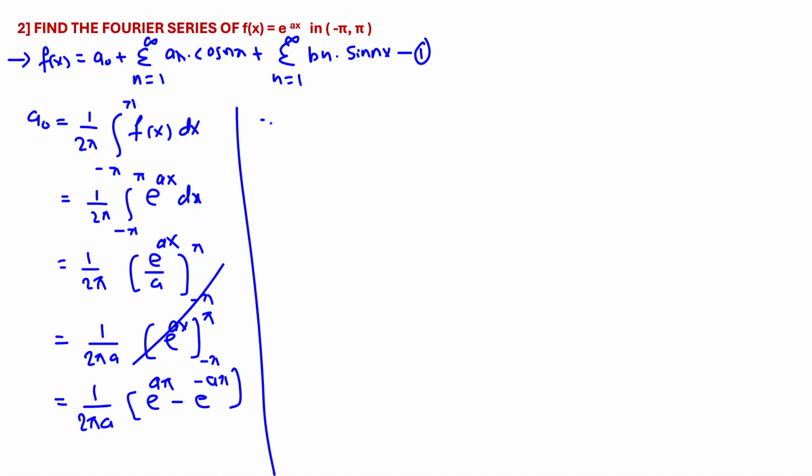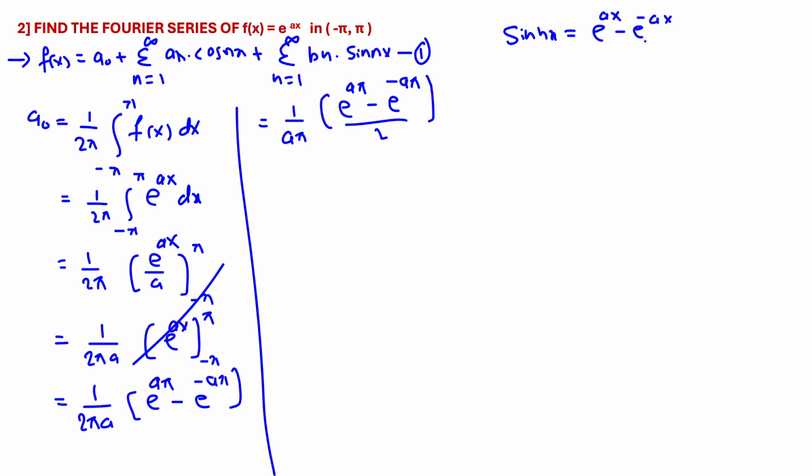Next, 1 upon a pi, I'm just taking this 2 outside, so inside you will get e raised to a pi minus e raised to minus a pi divided by 2. Okay, so we have one formula, conversion of trigonometry into hyperbolic. So sinh x is equal to e raised to x minus e raised to minus x divided by 2.